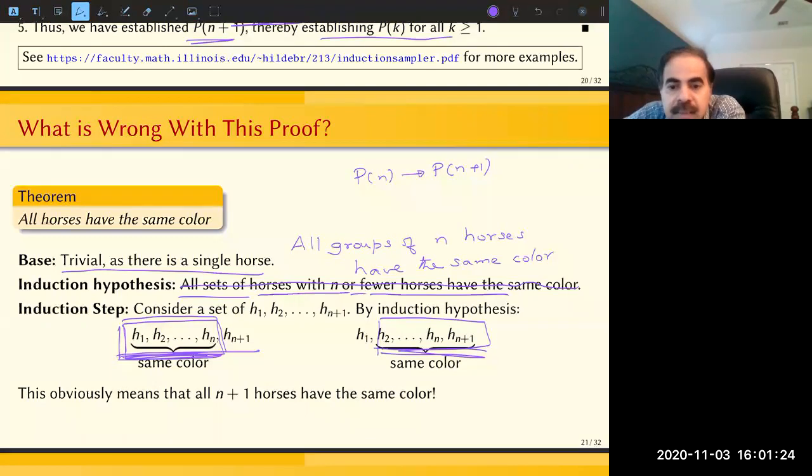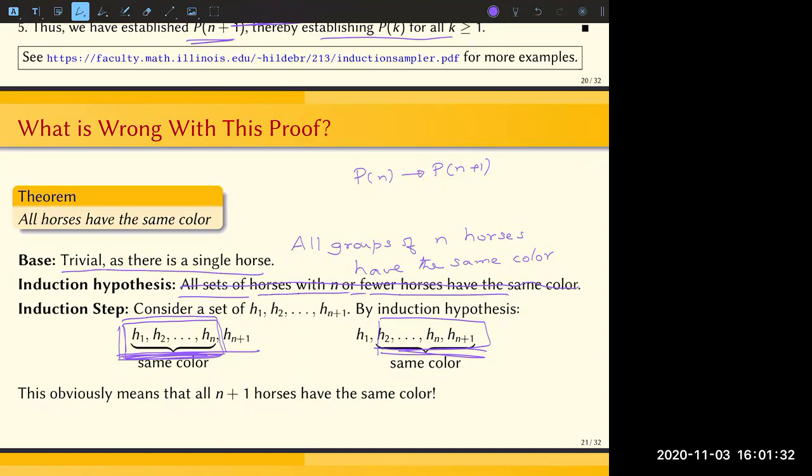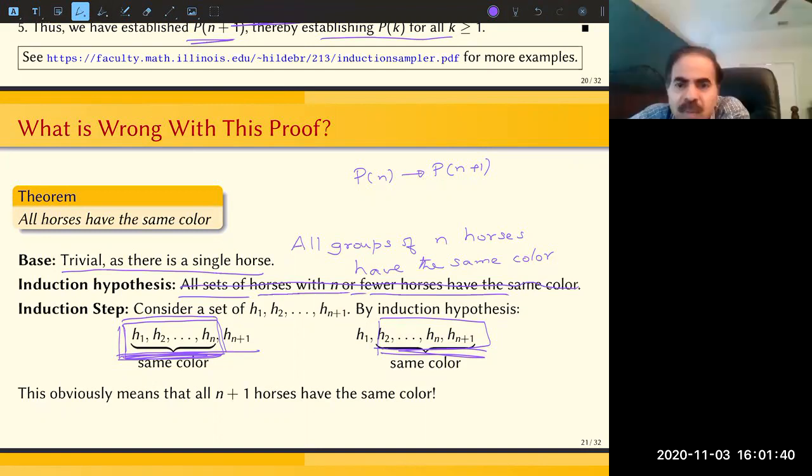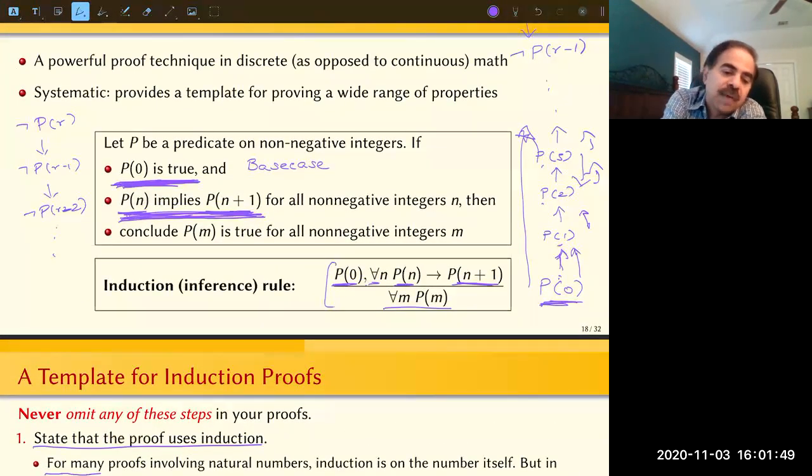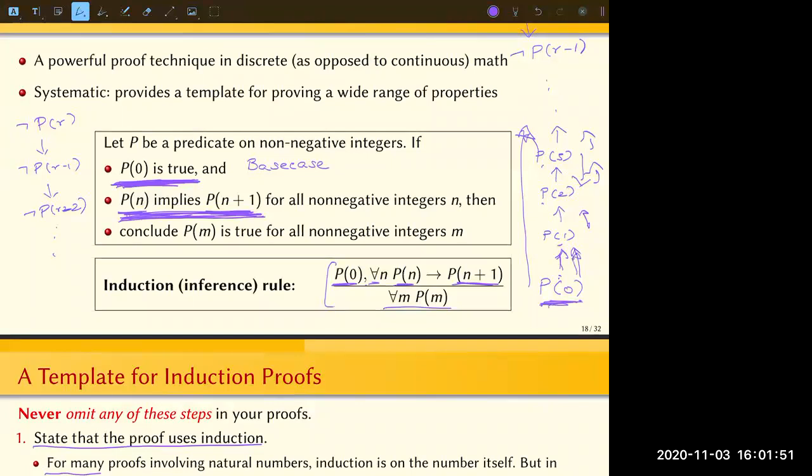Anybody else? Well, obviously there's a mistake, right? How do you know that the induction hypothesis is true, that all groups of n horses have the same color? Well, that's the whole point of induction proofs, right? We go from 0 and then we build.